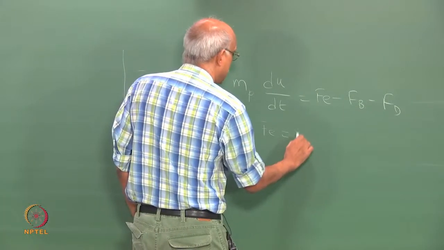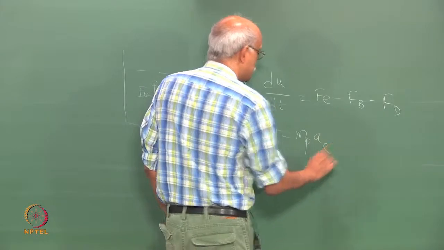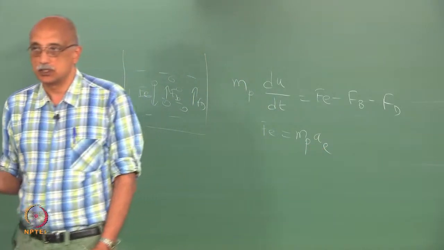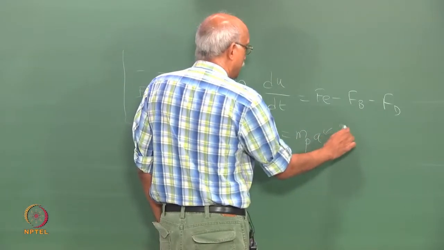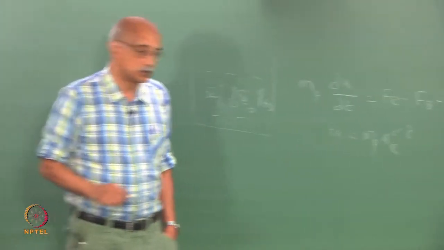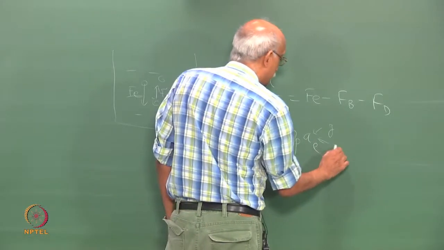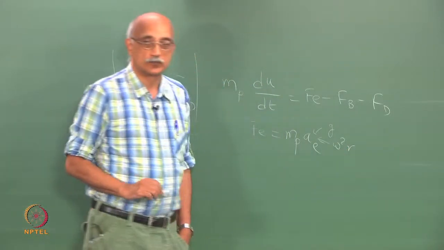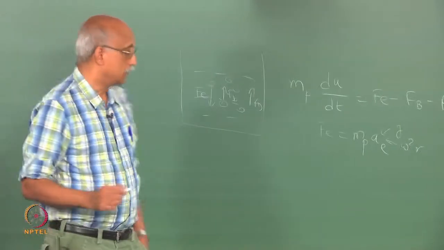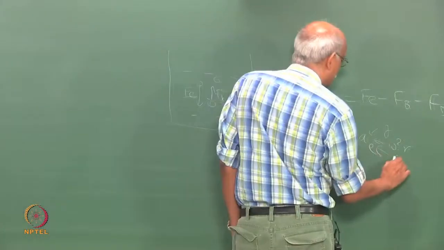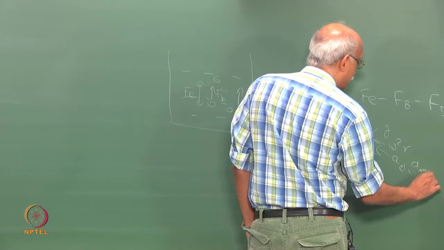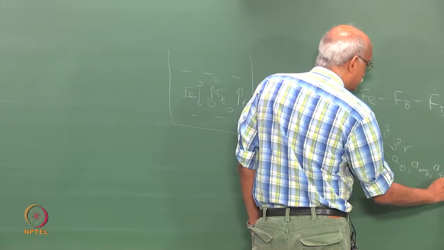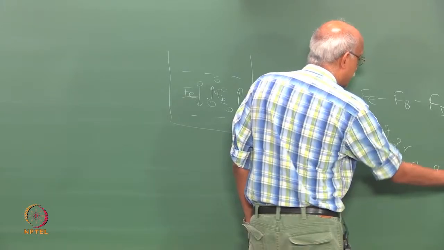So Fe in general will be mass of the particle times some acceleration due to the applied force field. Here this can be simply g if it's a gravitational flow, or it can be omega squared r if it's a centrifugal field, or it could be various types of accelerations that happen in electric field, magnetic field, thermal field, and so on.